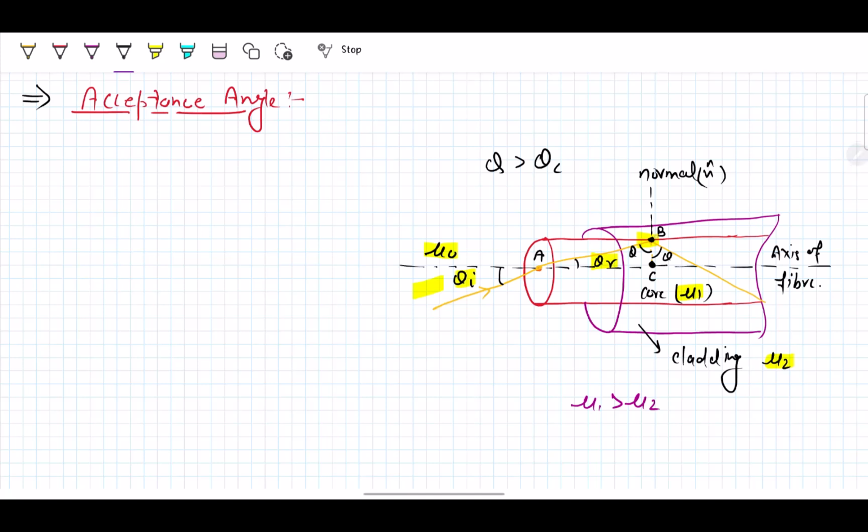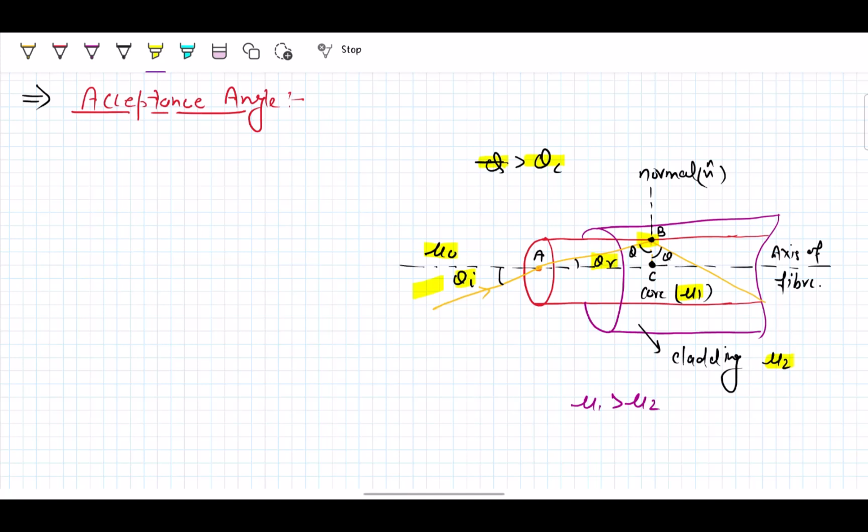Then and only then we get total internal reflection. As long as theta is greater than the critical angle, the light will stay within the core of the fiber and we will get total internal reflection.